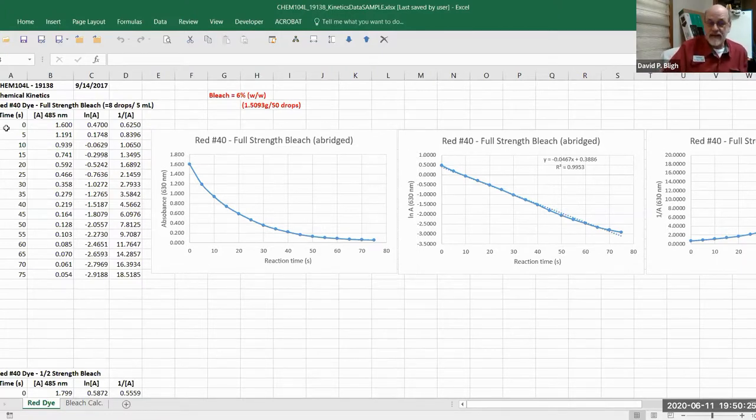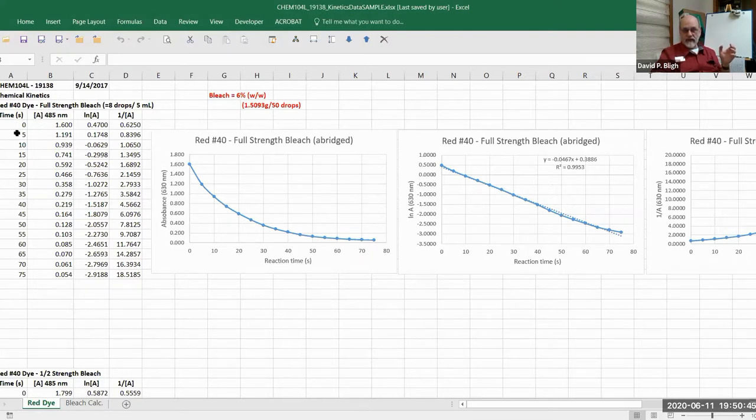So your data set here is for time, it's your x-axis, and the first set you would graph is the straight concentration data in the form of absorbance. So you just lay it out like that.